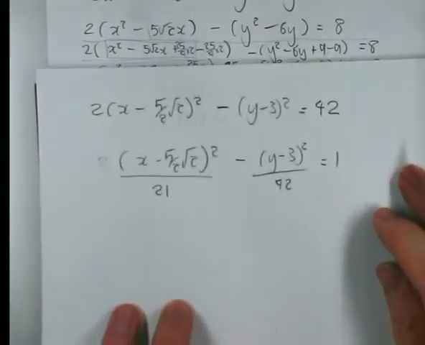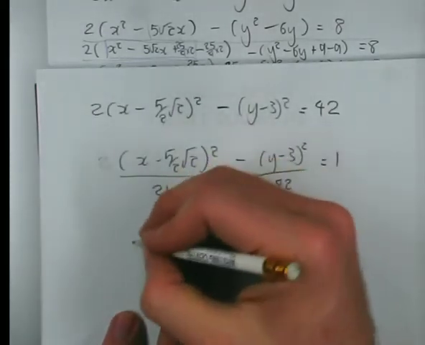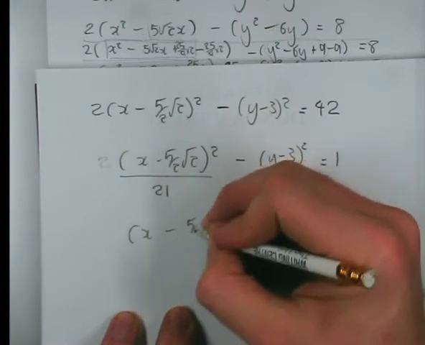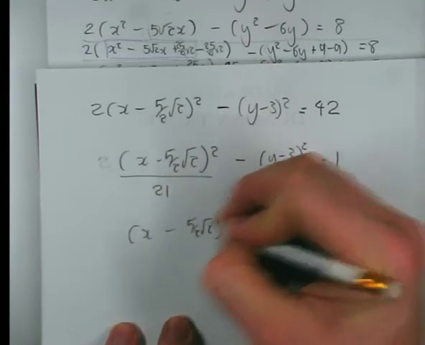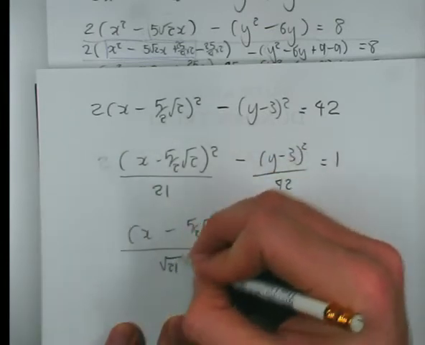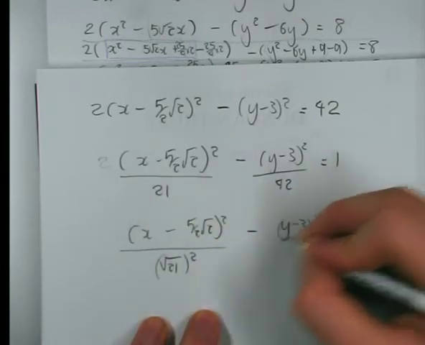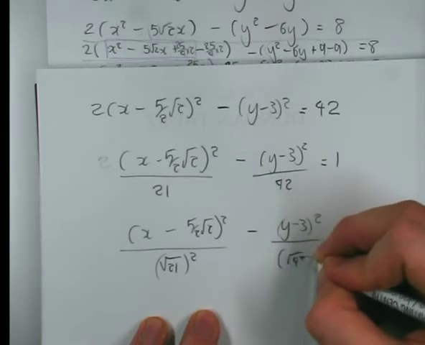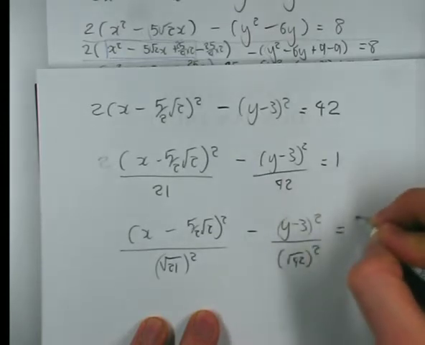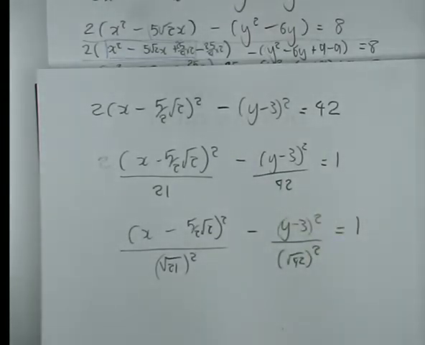That's getting the 1, and then I arrange for these to be squares. And now it's fully in standard form.